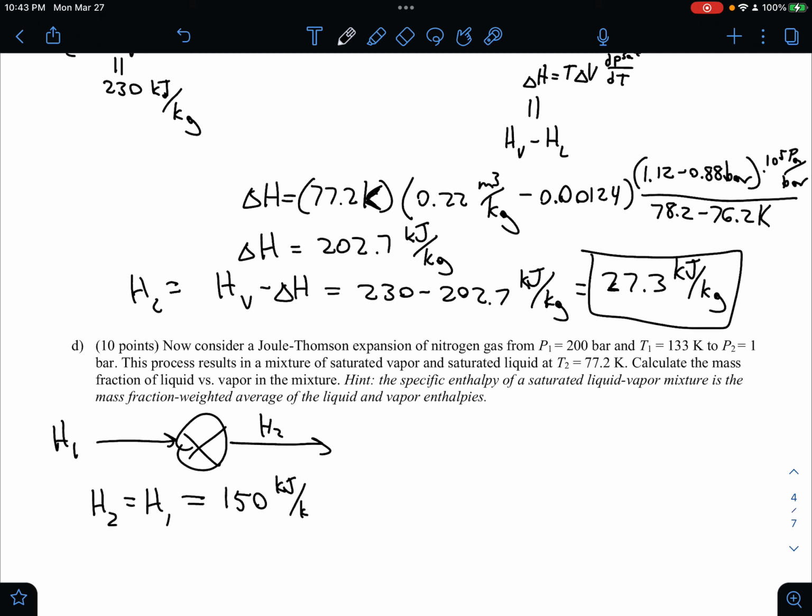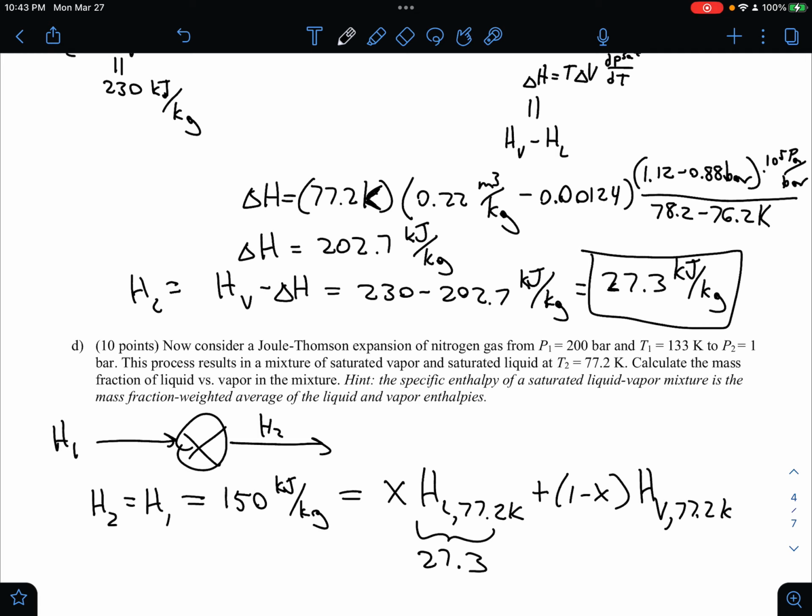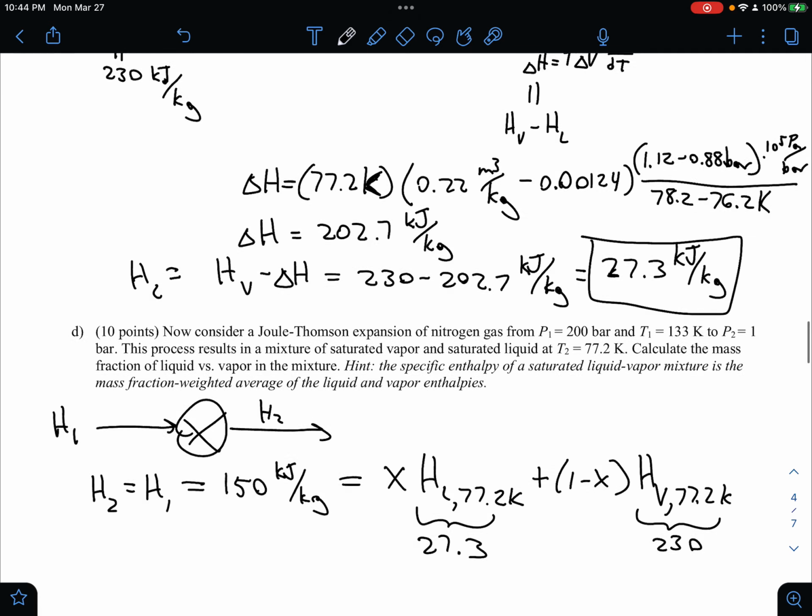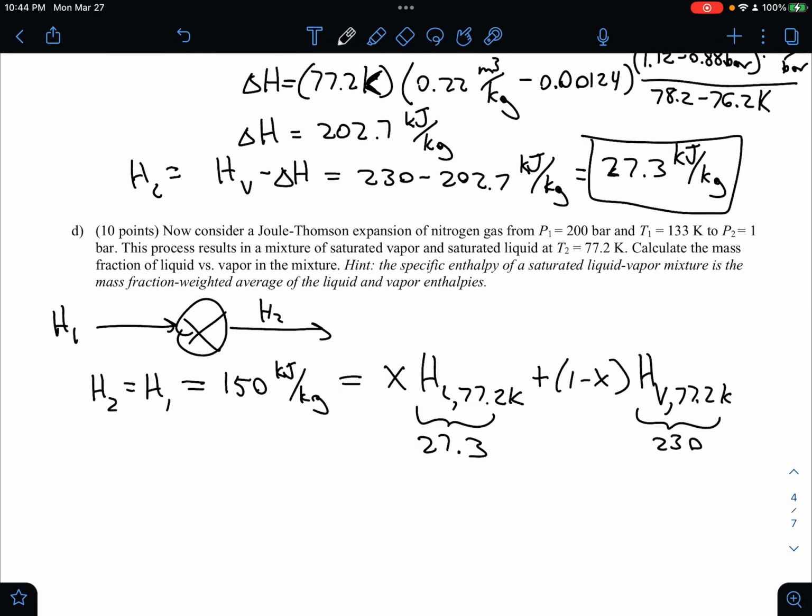And this is going to equal X times H liquid at 77.2 Kelvin plus 1 minus X times H vapor at 77.2 Kelvin. Okay, so we computed this to be 27.3. We computed this to be 230.